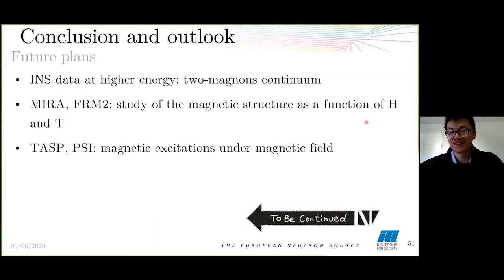Maybe, but I don't know. I haven't read the papers related to other compounds of this kind of family. I'm not an expert in magnetism.